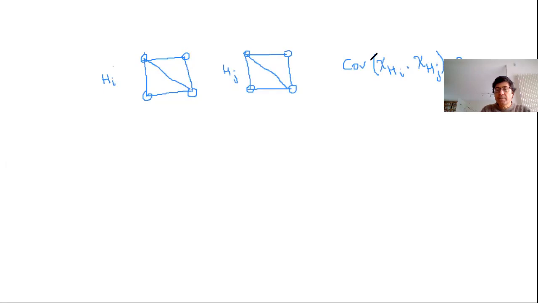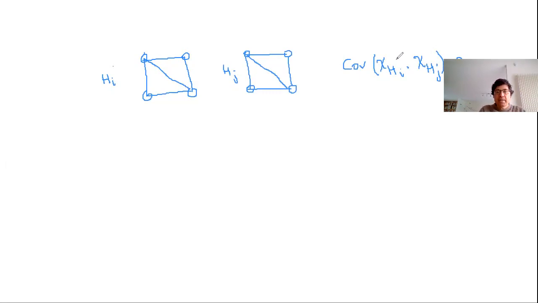So these indicators are independent random variables, and we know that the covariance of independent random variables is 0. And if you don't know that, do remind yourselves of this fact.